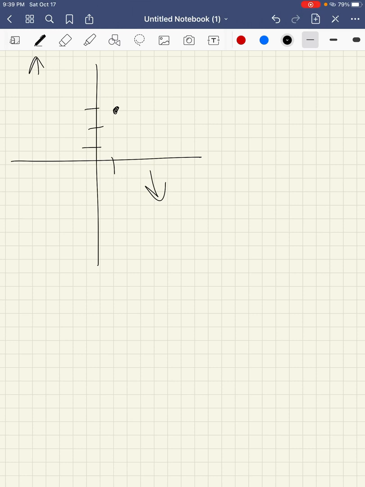It's an x cubed, so it can't have more than 2 turning points. But because we know that it crosses at 3, it's got to do something. We're coming from here and going up. We've got to get back to 3 because we know it crosses at that 3.